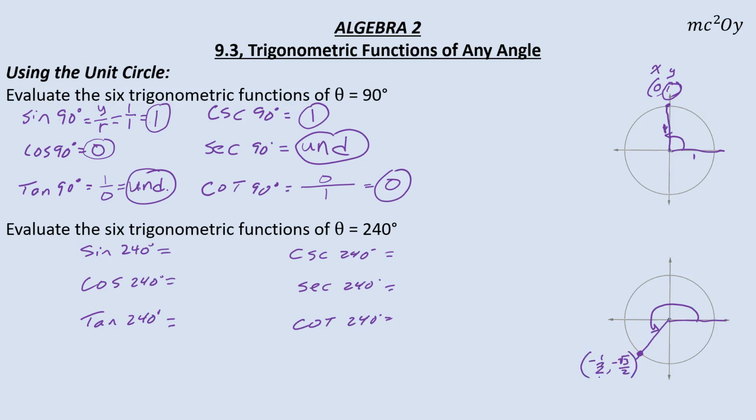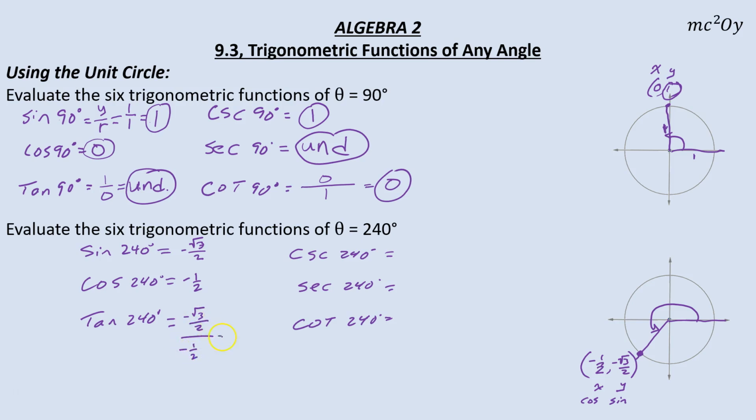Okay, so sine is, well, that's our y value, right? X, y, so this is cosine, this is sine. So sine is negative root 3 over 2. Cosine, negative 1/2. Tangent becomes sine over cosine, so negative root 3 over 2 divided by negative 1/2.